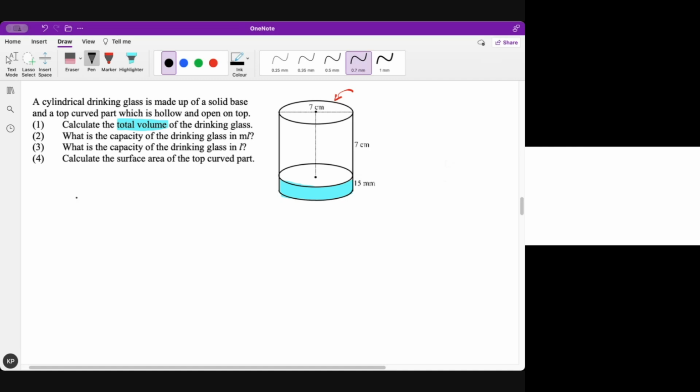Okay, not quite, but let's convert that. It has something to do with it. Again, 15 millimeters to centimeters. That's going to give us 1,5 centimeters. Great. Total volume.